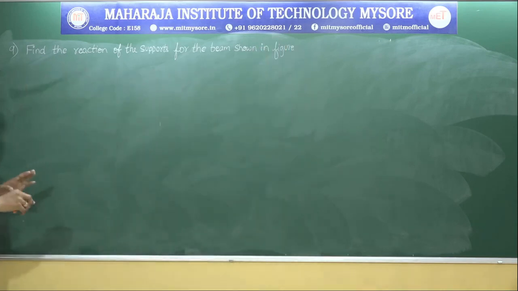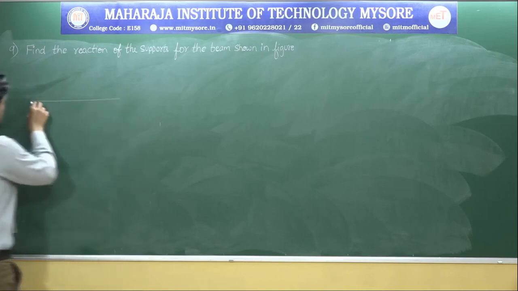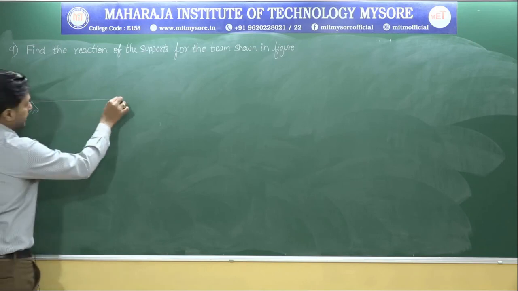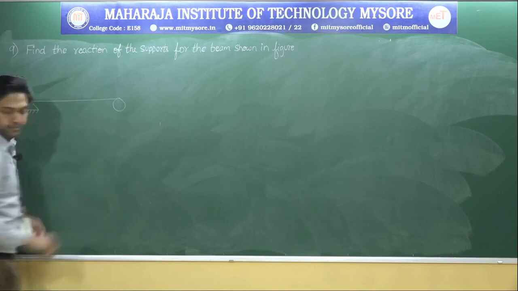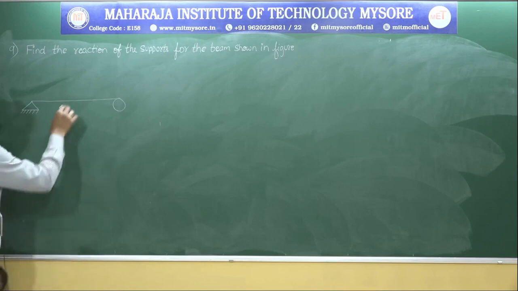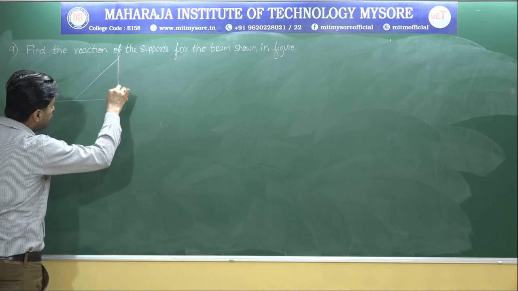So now the diagram that they have given us as usual. There are two beams. For this particular support they have given the hinge one. Here they have given the roller. For the half of the portion they have given the UVL.